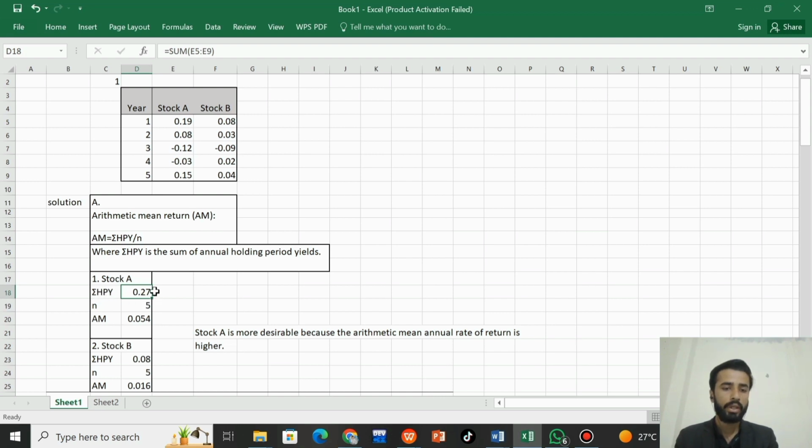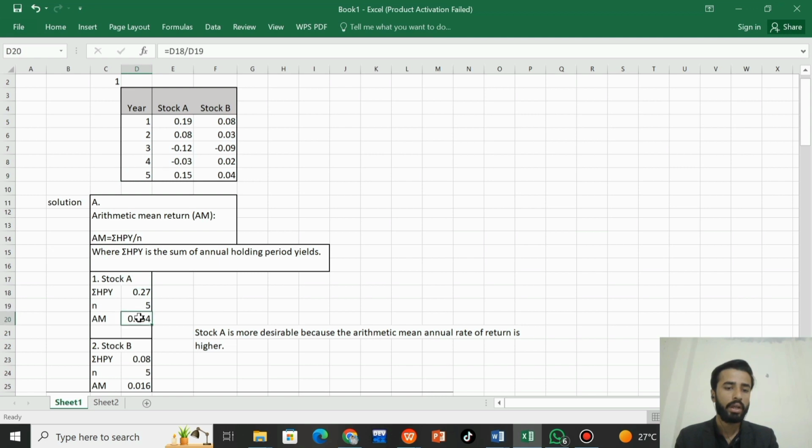How will we calculate it here? Let's see. We put the formula equal to sum of this row, the stock A returns. We have taken the total of these returns for the 5 years, which is the total of holding period yield. Then n means the number of years, which is 5.